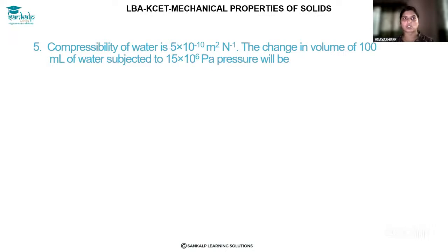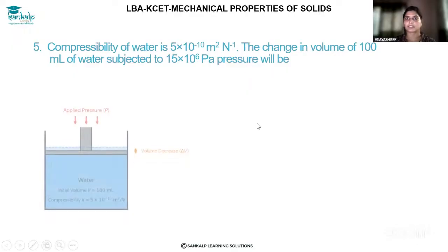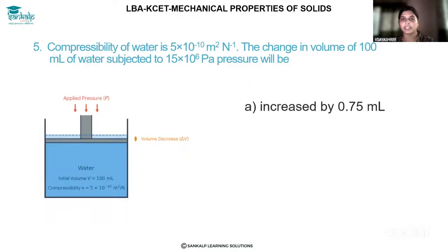Let us look at question number 5. Compressibility of water is 5 into 10 to the power minus 10 meters square per Newton. The change in the volume of 100 ml of water subjected to 15 into 10 to the power 6 Pascal pressure will be: Option A, increased by 0.75 ml.